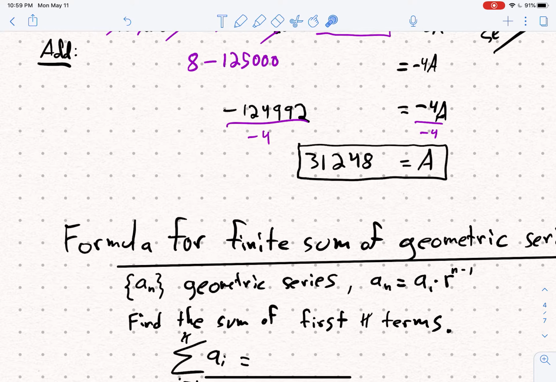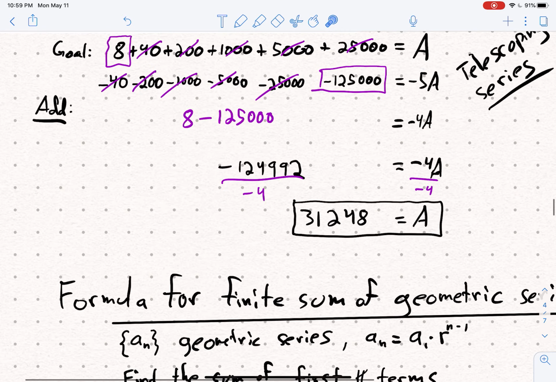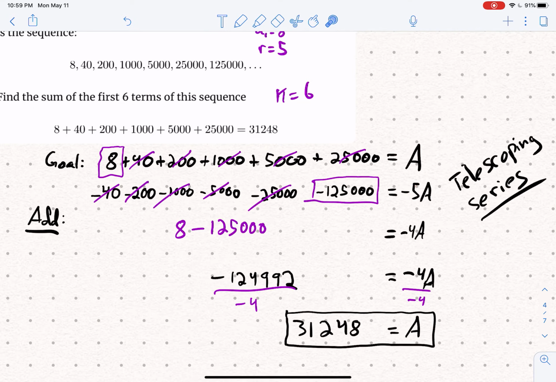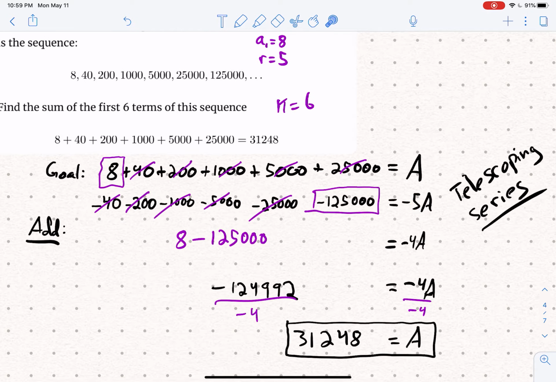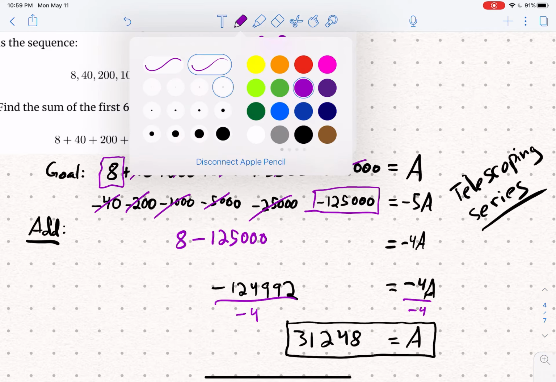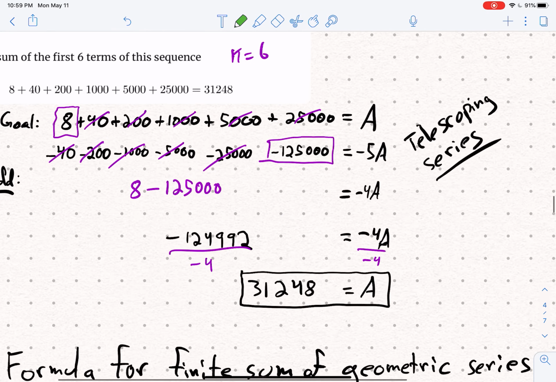Where does that negative 4 come from? That negative 4, negative 4a, it originally came from combining a minus 5a. And the negative 5, we chose that number, we made it negative, and we made it that r. So just to observe, I'll use a different color here. This negative 4 comes from 1 minus r.